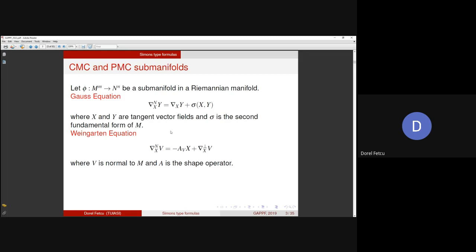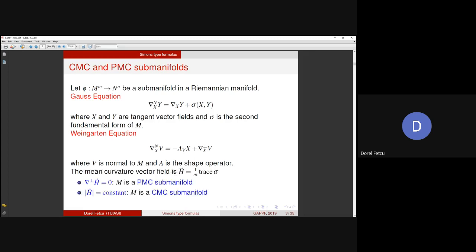We also have the Weingarten equation, which defines the shape operator in a normal direction and the connection in the normal bundle.